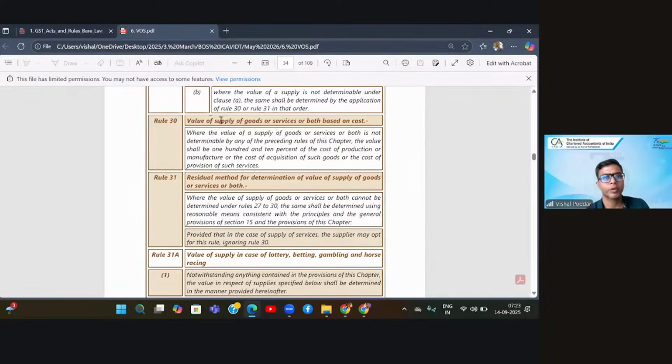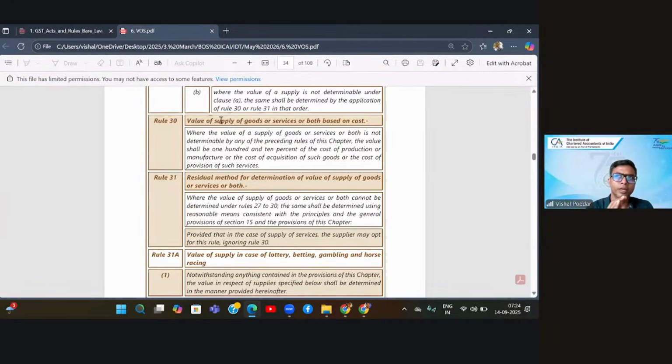Now, when we talk about 27 to 31, you have to apply these rules in a sequence where 30 and 31, which are in front of your screen, are the rules applicable in all the above valuation rules. So 27, 28, 29, in all the three cases, you'll find reference of 30 and 31.